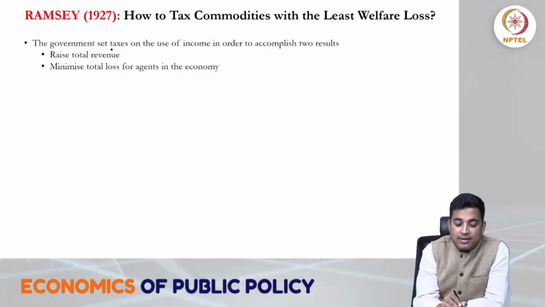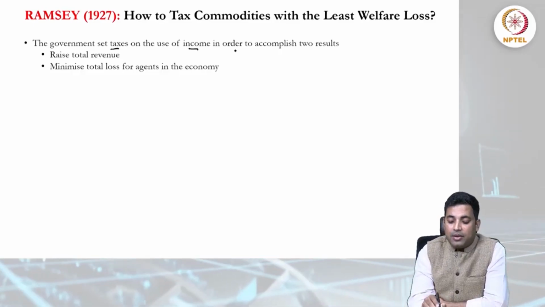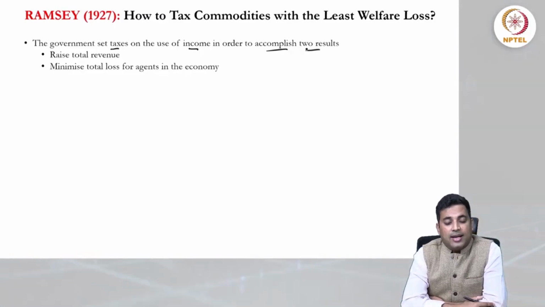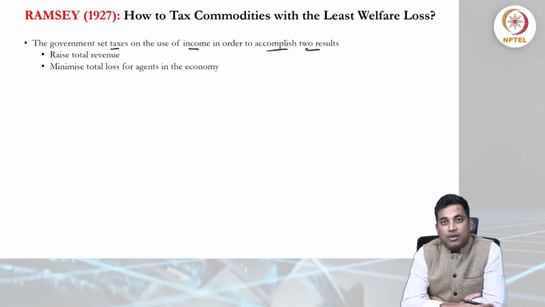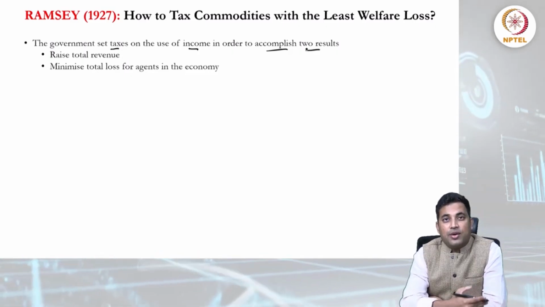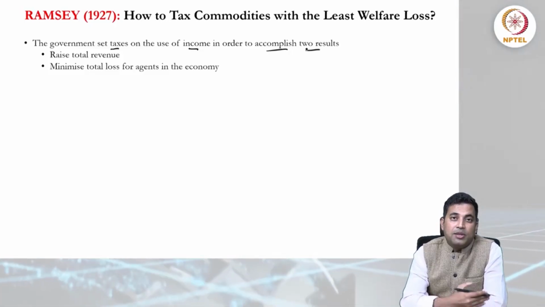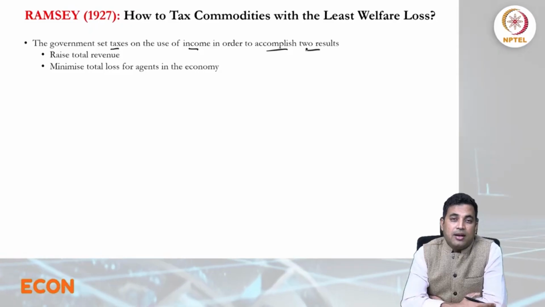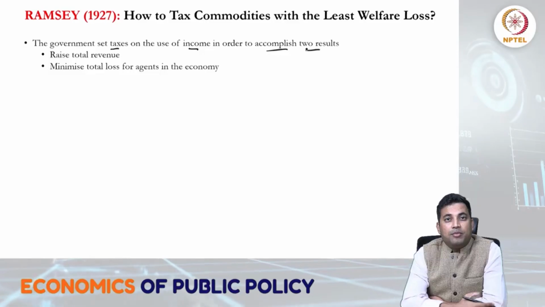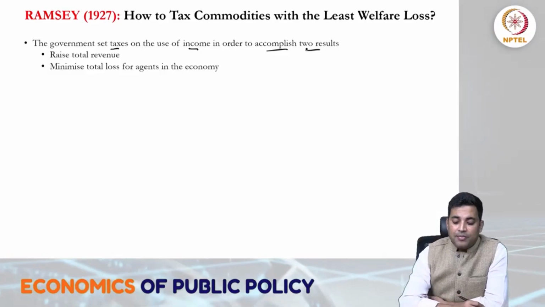The government sets taxes under Ramsey's taxation on the use of income in order to accomplish two results. I think we already discussed whether we should impose tax on income or on consumption. Taxation on income is a well-established way to give optimum taxation. At the same time, it also helps to understand who is able to pay the taxes, like the propensity to pay taxes.